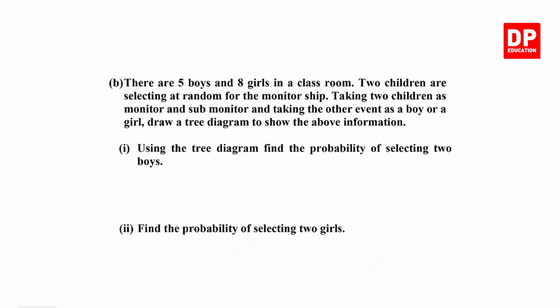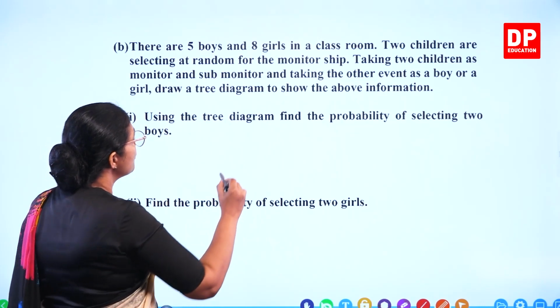Part B. There are 5 boys and 8 girls in a classroom. 2 children are selected at random for the monitorship, taking 2 children as monitor and sub-monitor, and taking the other event as boy or girl. Draw a tree diagram to show the above information. We'll draw the tree diagram.